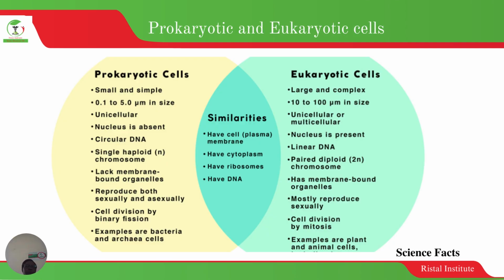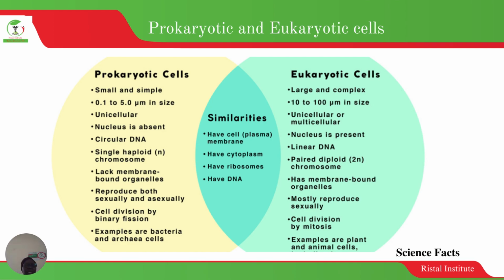So, when we look at the divisions, the prokaryotic and the eukaryotic cells, we are going to look at their differences and similarities. For example, the prokaryotic cells are very small and simple. They range from 0.1 to 5.0 micrometers in size.